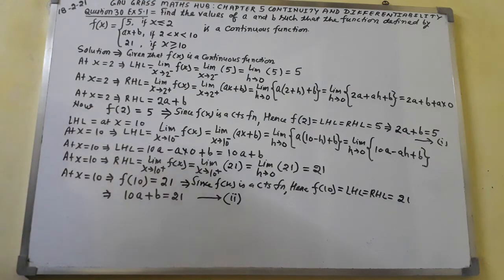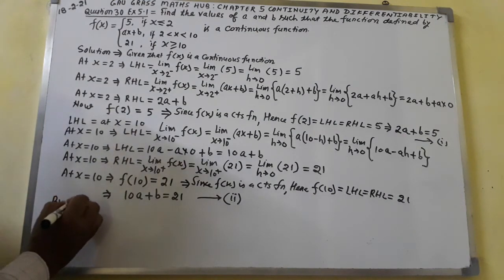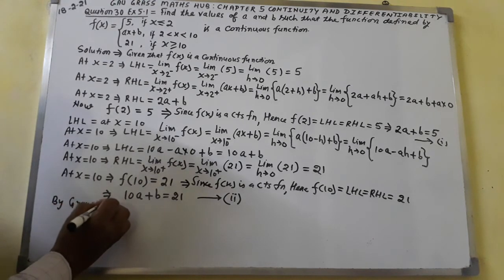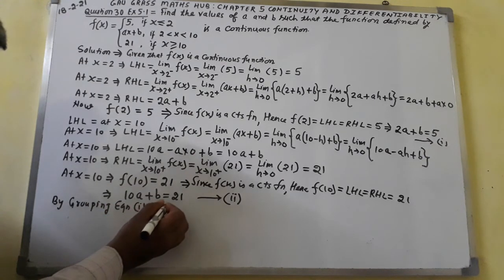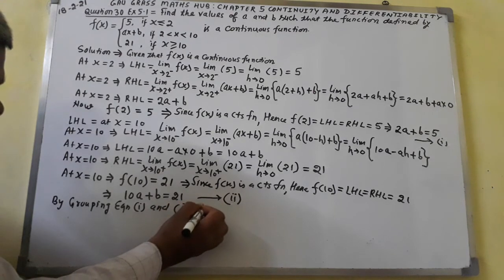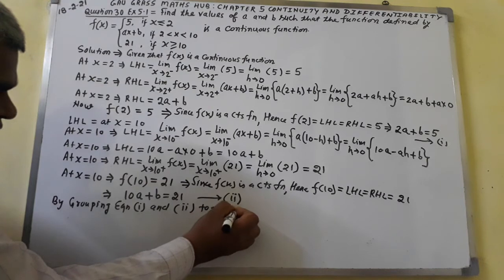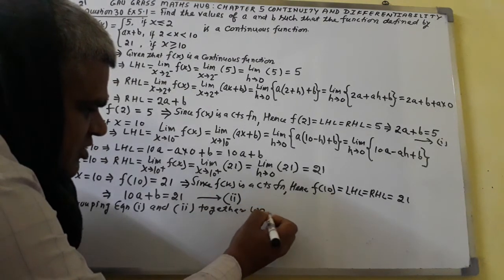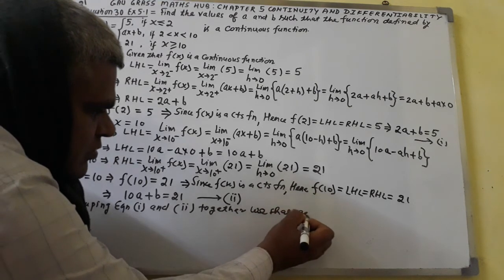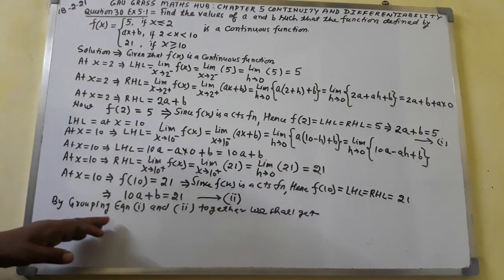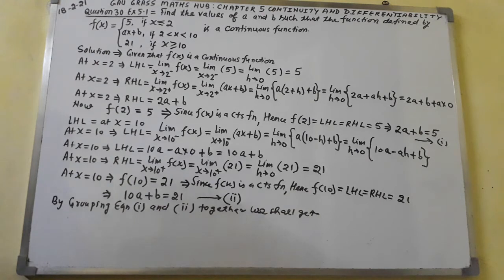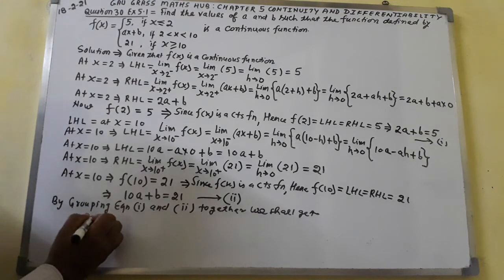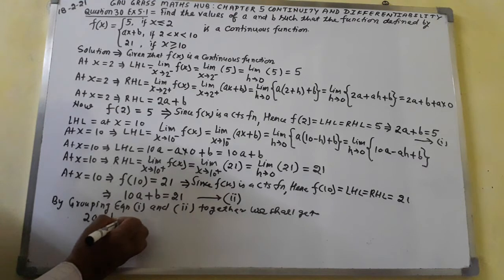By grouping equation number 1 and equation number 2 together, we shall get 2a plus b equal to 5.